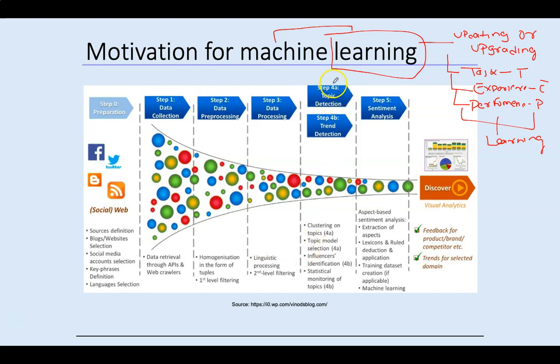And then we do topic detection and trend detection, like which words are being used most, that is also called clustering on a topic selection, and whichever statistical stuff we require, we use that. And then finally we apply our algorithm for sentiment analysis, that is extraction of aspects, some rule-based deduction, a training data set, and applying machine learning.